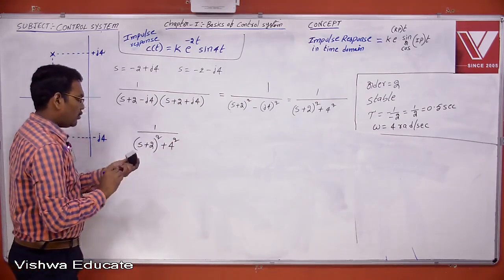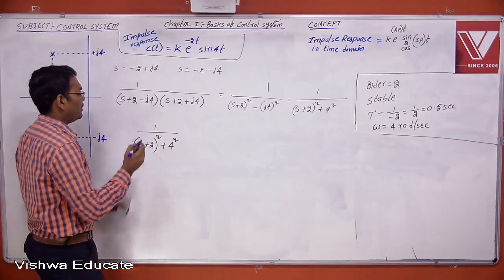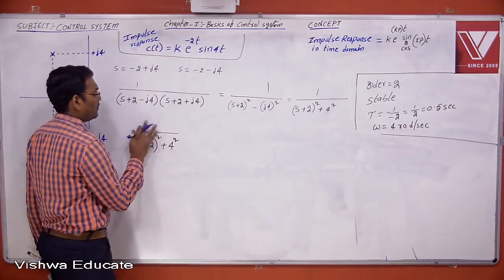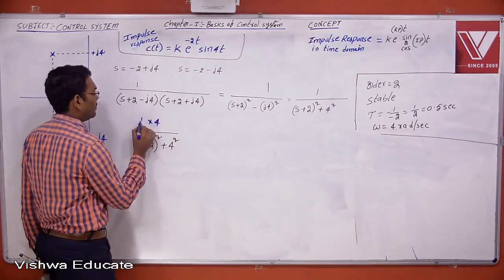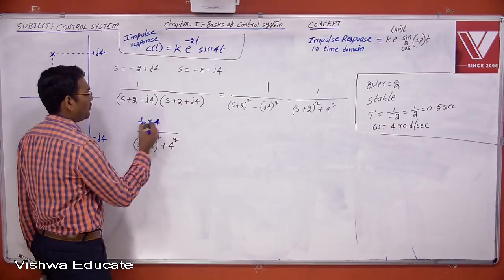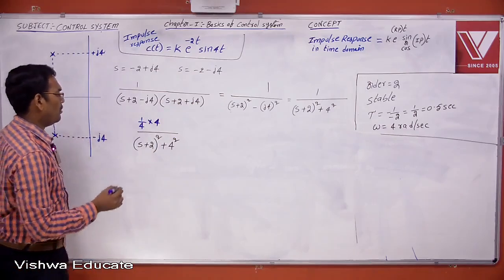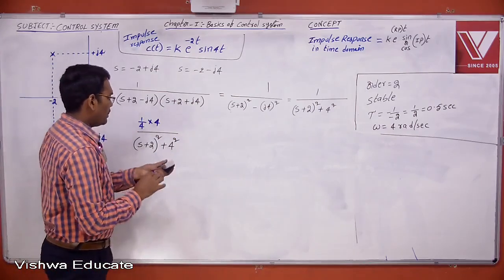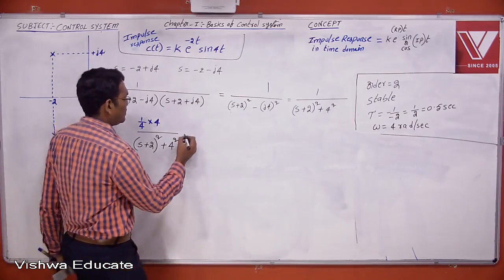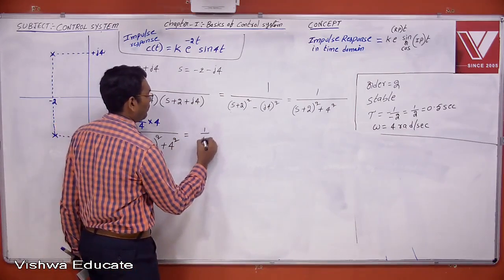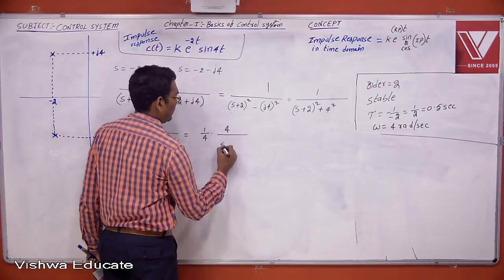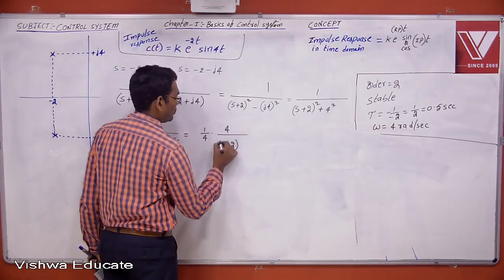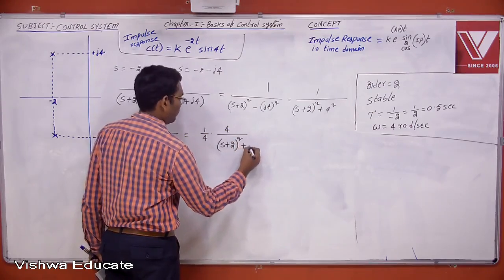Then in the numerator, if I multiply with 4 and divide with 4, then this 4 cancels and this is equal to 1. Now can I write like this? This is nothing but 1 by 4, which is a constant, into 4 by (s plus 2) whole square plus 4 square.